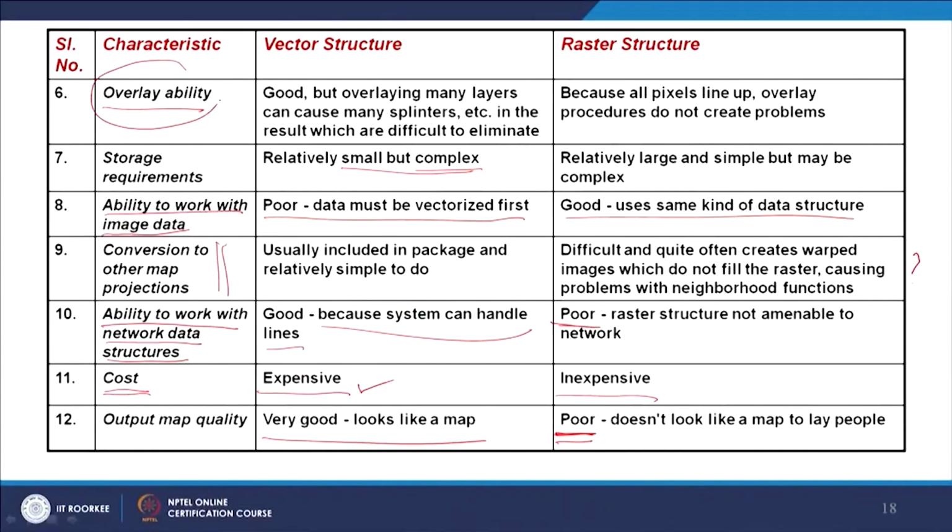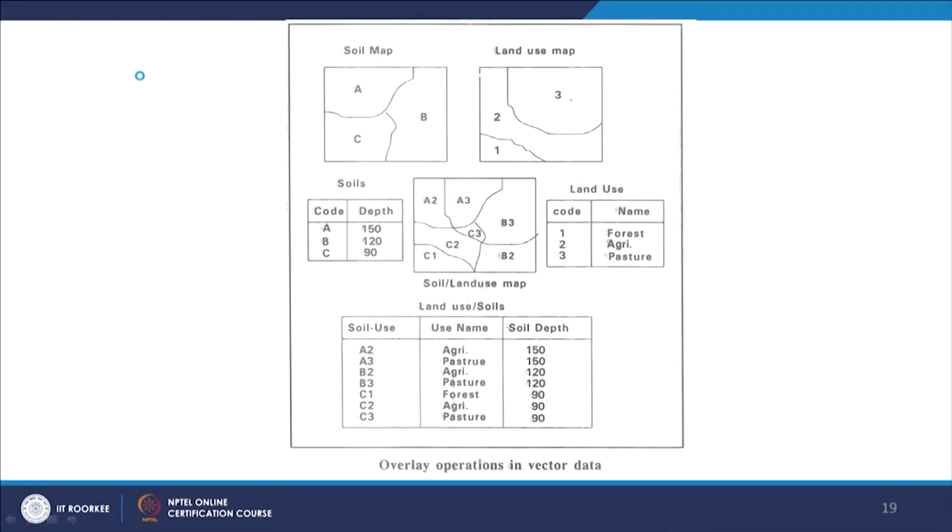Now, I mentioned this overlayability. We will spend a few more minutes on this part, and a very simple example is taken here. I have one map which is a soil map, and another which is a land use map, and both these maps have only 3 polygons each.